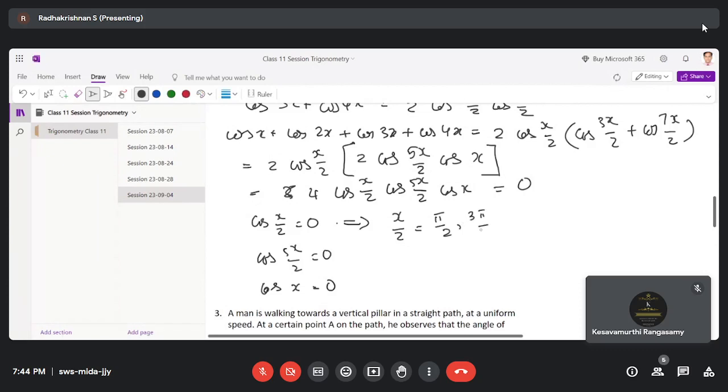Or 3 pi by 2. Cos of pi by 2 and 3 pi by 2 are 0. So x can be pi or 3 pi.